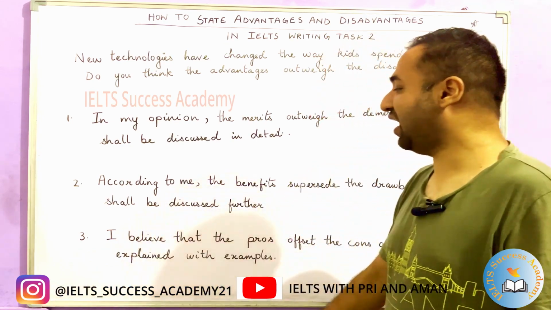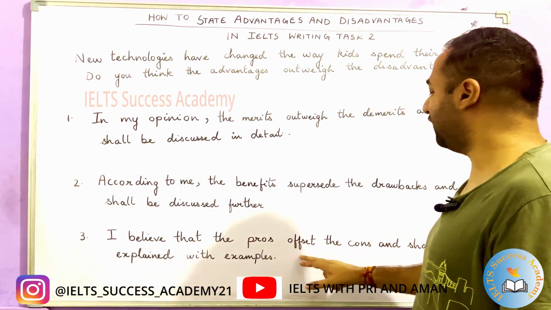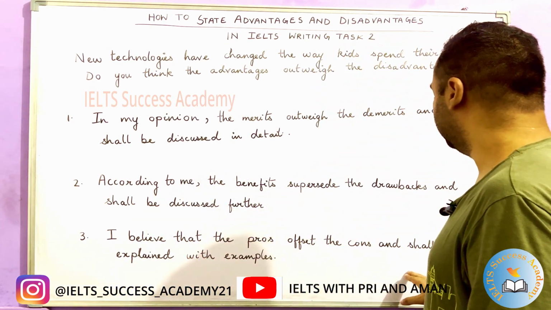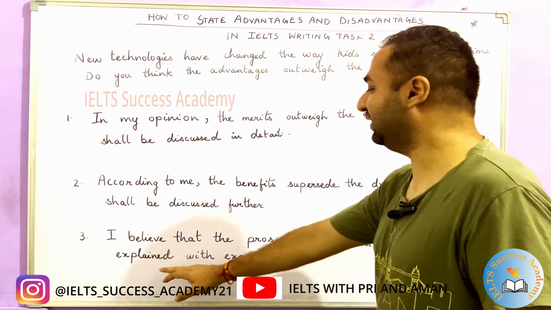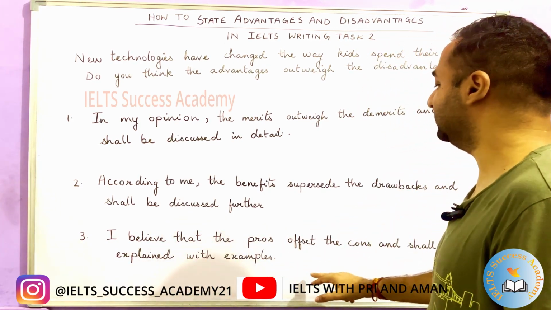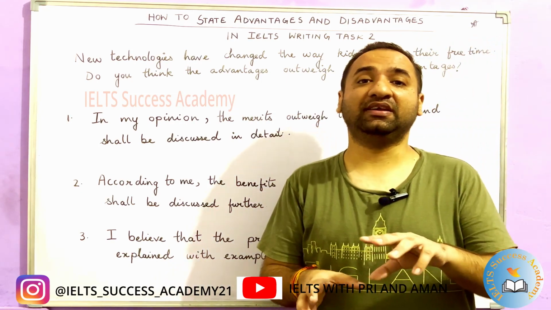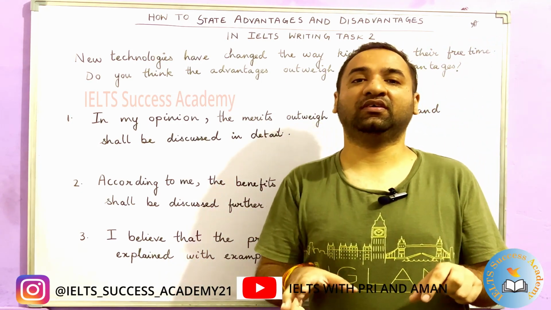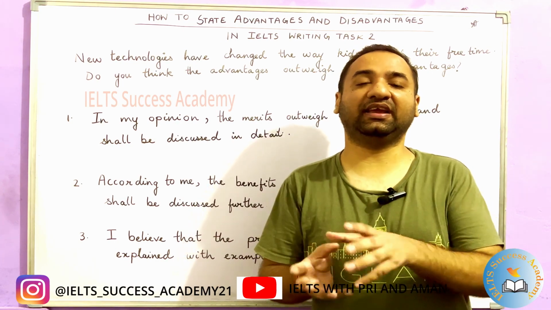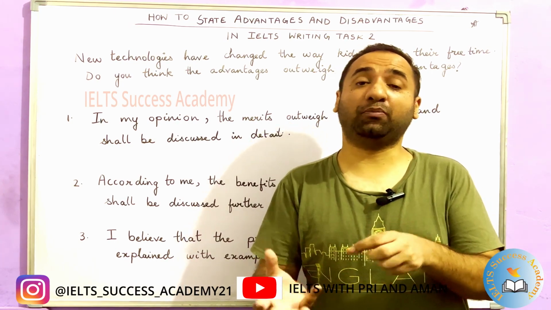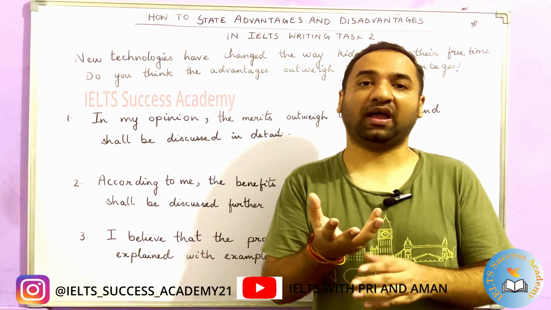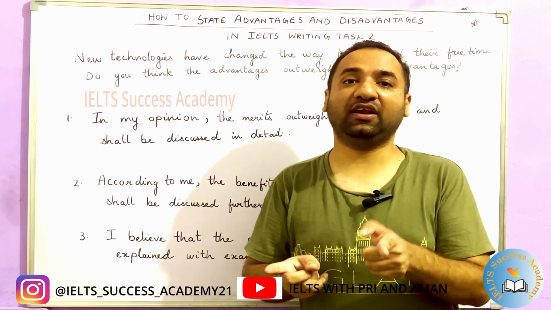The third way is, I believe that the pros offset the cons and shall be explained with examples. Offset means they are negating them. Basically, negating means the pros are more and the cons are less. There are cons.